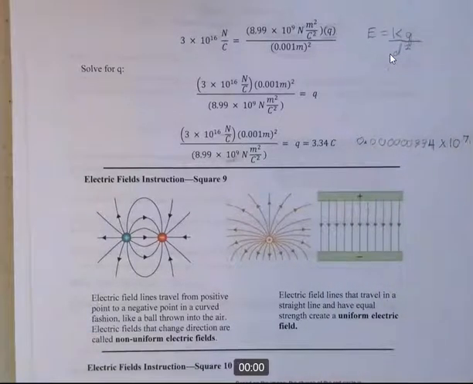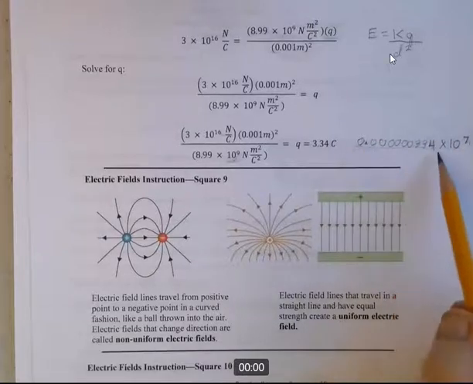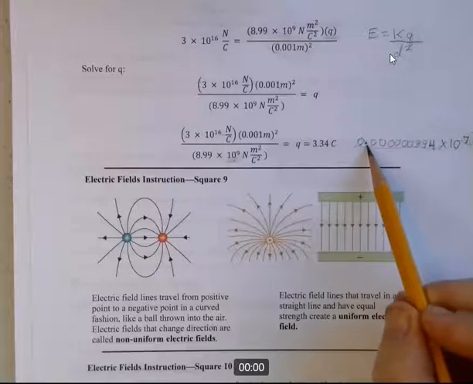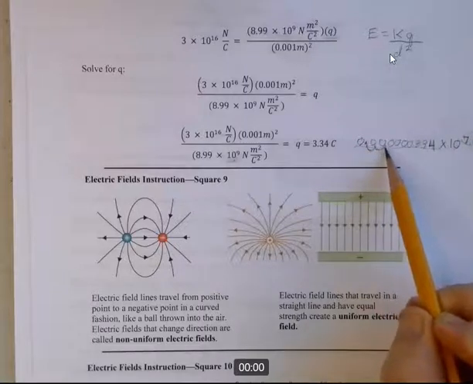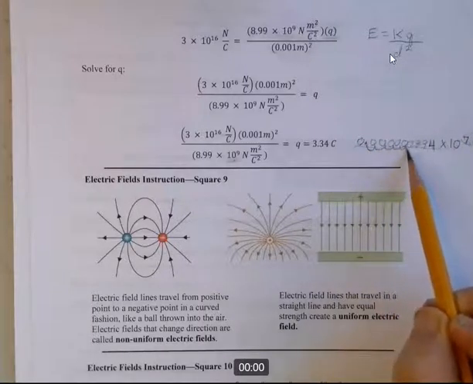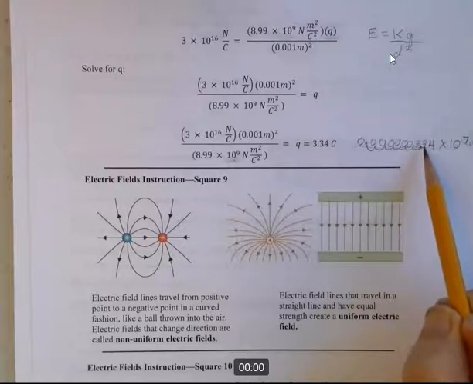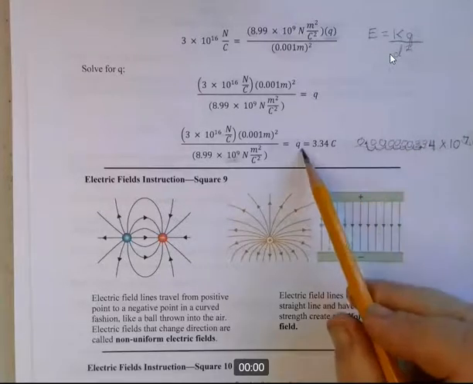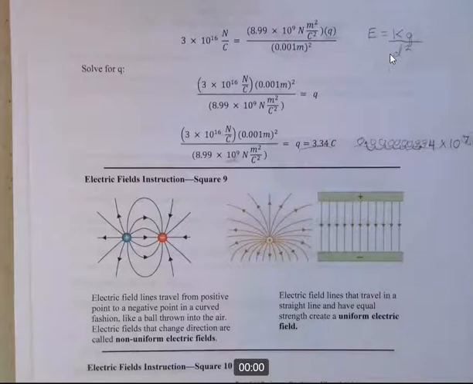So now we finally want to get our final answer, 10 to the 7th. So this means we're going to make this number bigger. So to make it bigger, because it's a positive number, we need to move the decimal to the right. So it's 1, 2, 3, 4, 5, 6, 7. It goes in between the two 3's. And there's your final answer. Q equals 3.34 coulombs. Okay?